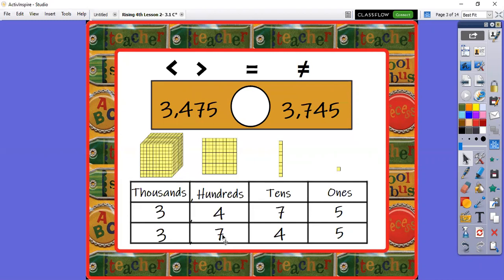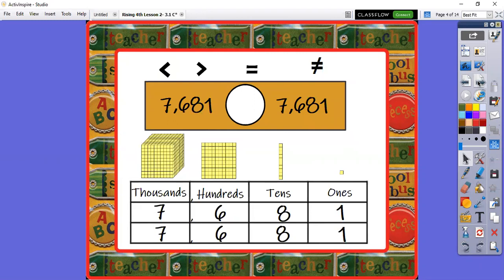I know that my second number is actually going to be greater than my first number. So I need to make sure that the greater symbol is facing the second number and that the less than symbol is facing my first number. So I read it from left to right. 3,475 is less than 3,745.